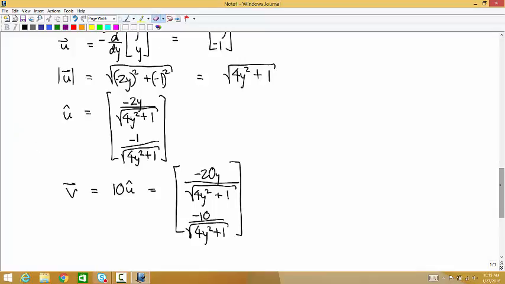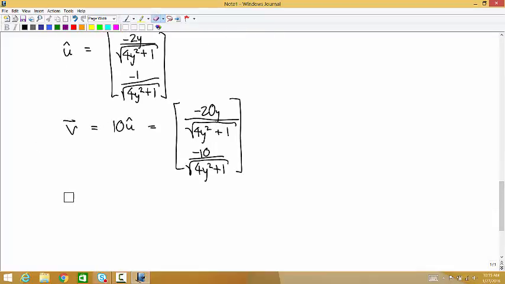And the exceptionally bad news comes now when you realize that you have to take that derivative. dv/dy times dy/dt, which is dv/dy times the y component of the velocity.